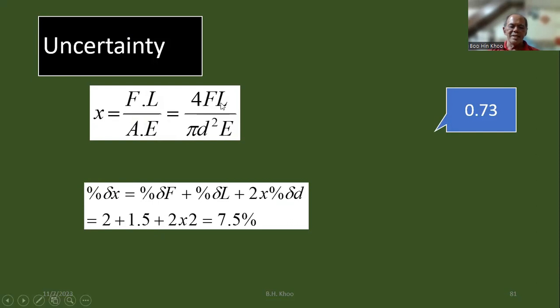Because of the square, it can be r or d, it's the same, it doesn't affect. In calculating percentage uncertainty, times 2 because of the square there, plus the percentage uncertainty in d.